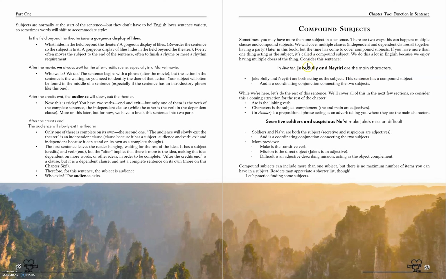So those two things are called a compound subject just because there's more than one. You can have 2, you can have 5. I don't know that you want 7 subjects. It gets a little wild. But you can have multiple words that are all working on the same verb. So in this sentence about Jake's mission, well, what makes his mission difficult? The soldiers and the suspicious Na'vi. So that's how you would end up with compound subjects.